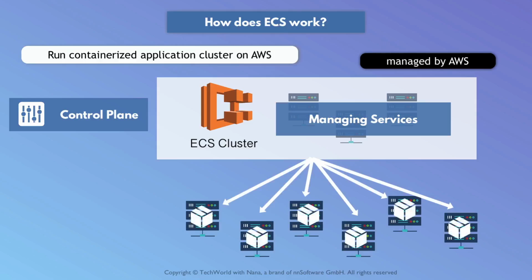And that control plane and the managing services in that control plane then can manage these individual containers and do all these things that I mentioned before, like rescheduling the containers, making sure the desired and actual state are the same, and essentially managing the whole life cycle of a container from being started and scheduled to being removed.